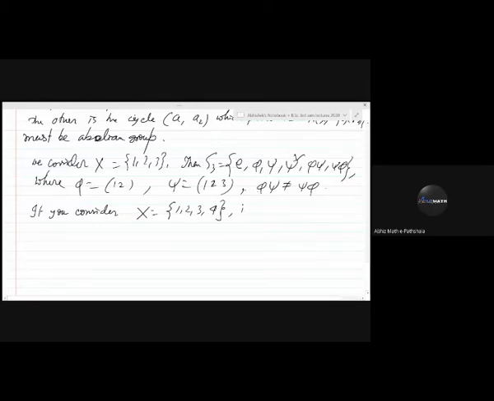Then phi will be a cycle, psi will be a cycle, sorry, this is (1 2), and psi in S4, that is by choosing the value of these permutations at 4 to be fixed, that is, 4 goes to 4.